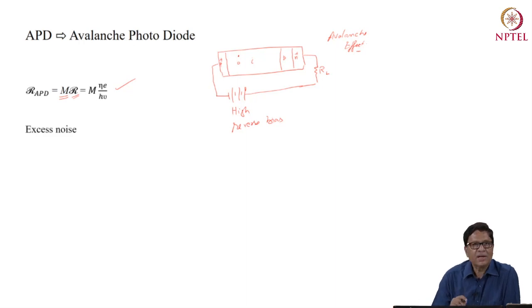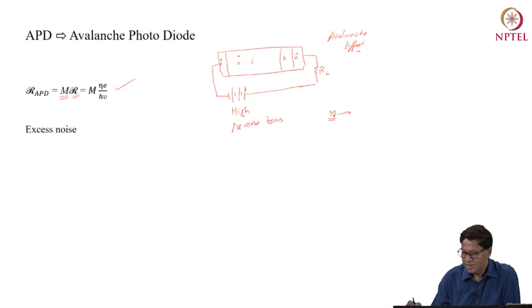And this M is actually not constant. It is a fluctuating value, right? Because of this fluctuation, this M will keep changing around some middle value. Because of this process, the random generation of more electron hole pairs will generate some sort of additional noise in the APD.